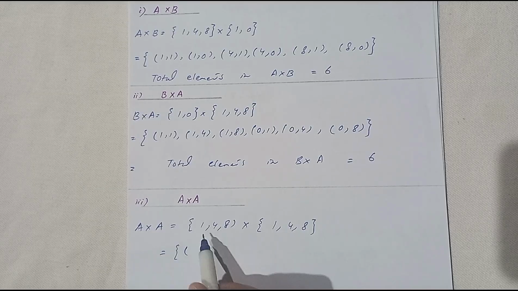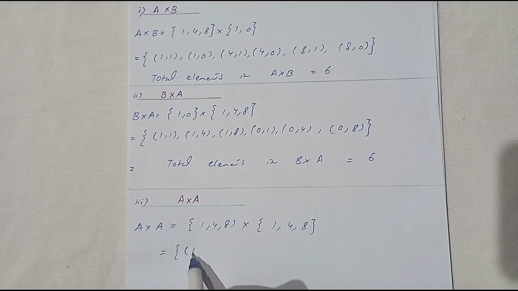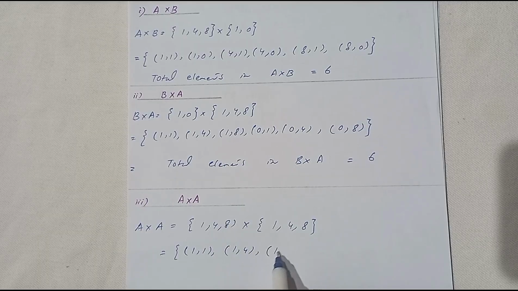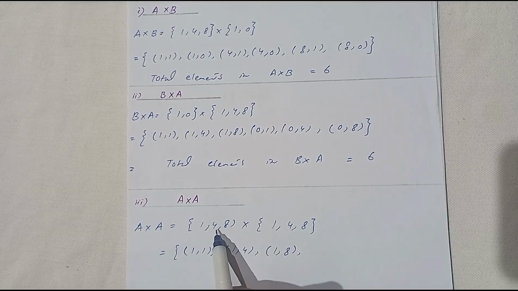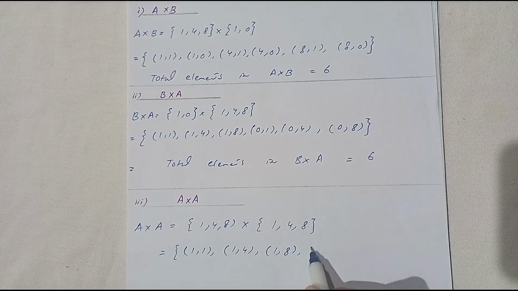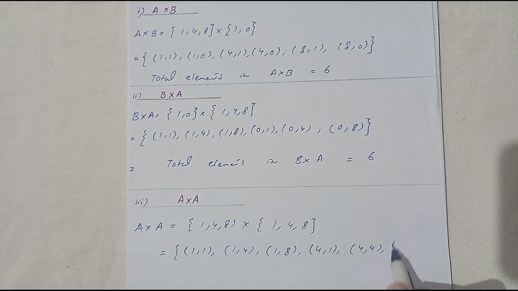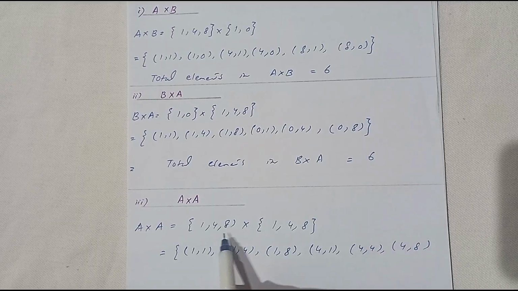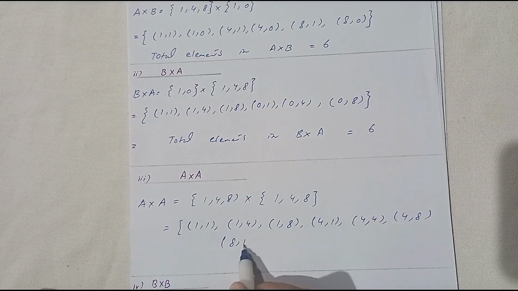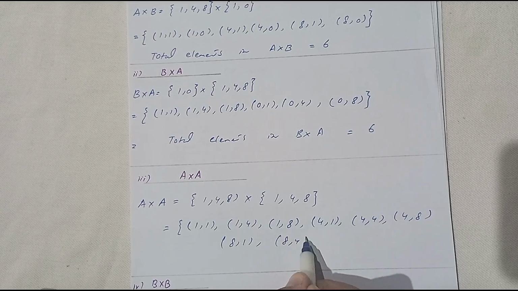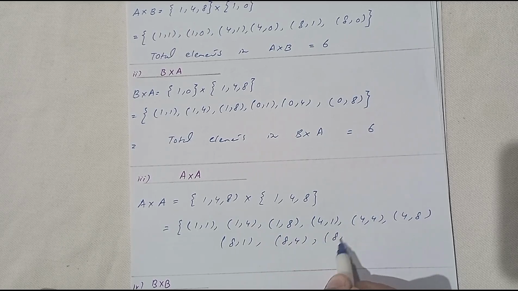So pairs of 1 with all three elements are 1 comma 1, 1 comma 4, 1 comma 8. Now we start making pairs with 4: 4 comma 1, 4 comma 4 and 4 comma 8. Now pairing with 8: 8 comma 1, 8 comma 4 and 8 comma 8.